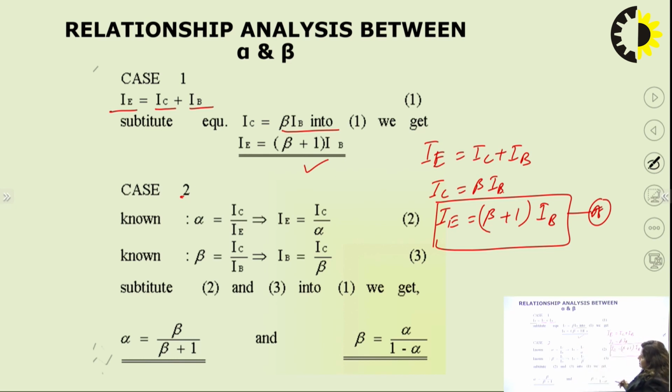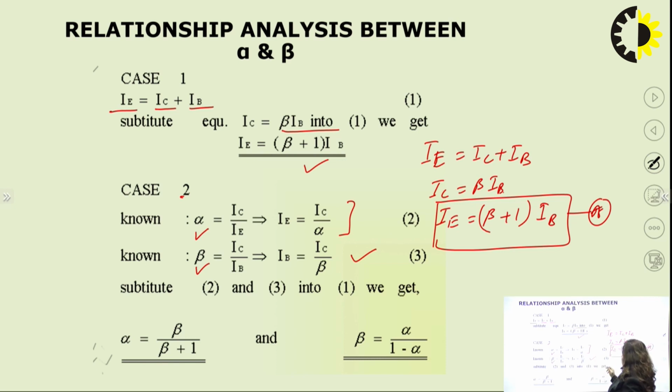The second case has the alpha value, which we have already defined: alpha is equivalent to IC upon IE, or IE we can define as IC upon alpha. Again, beta is IC upon IB, the ratio between the collector current and the base current, and IB we can define as IC upon beta.